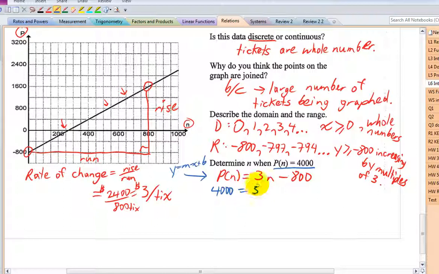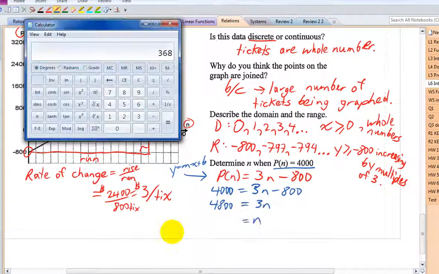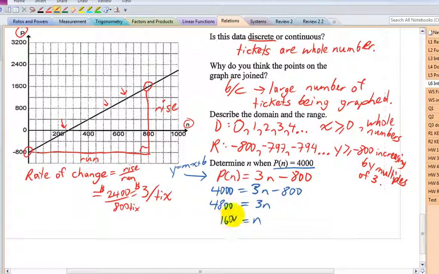And we can figure out how many tickets we have to sell in order to make that amount of profit. Okay, so must sell 1,600 tickets.